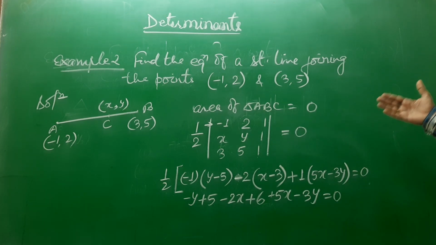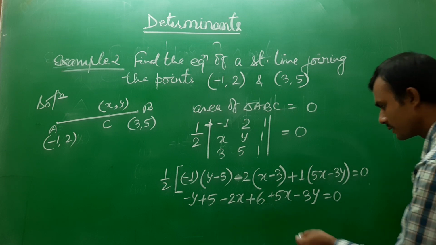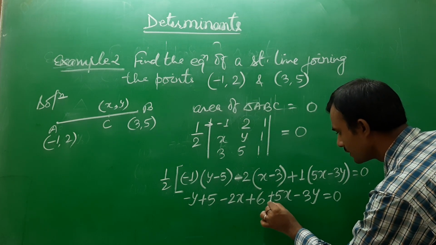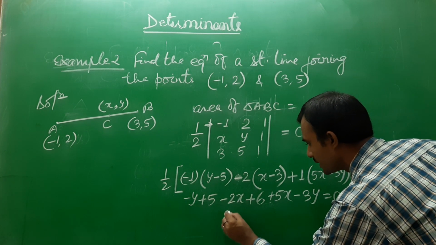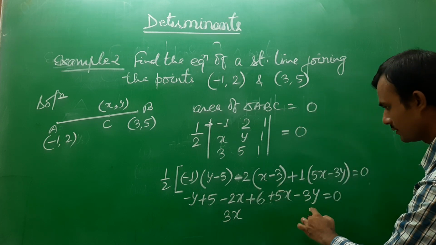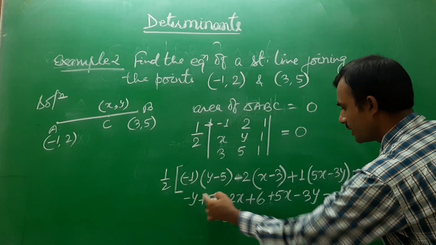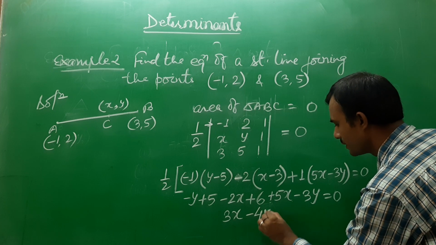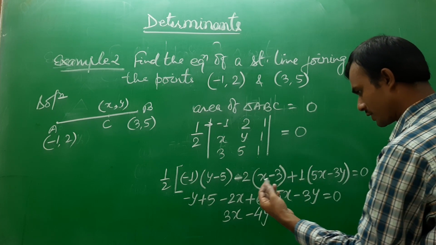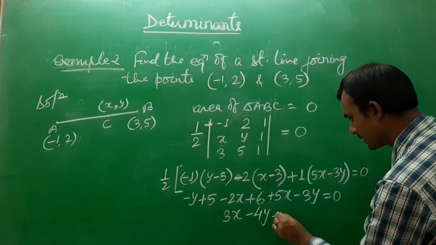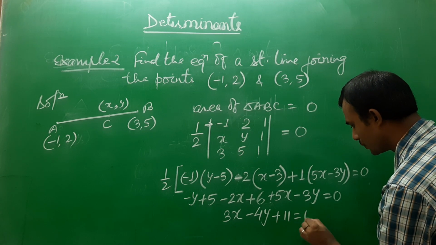Now in further simplification, look, all the x terms, 5x and -2x, will be 3x, -3y and -y gives -4y, and the rest all constants, 5 plus 6, is 11, equals 0.